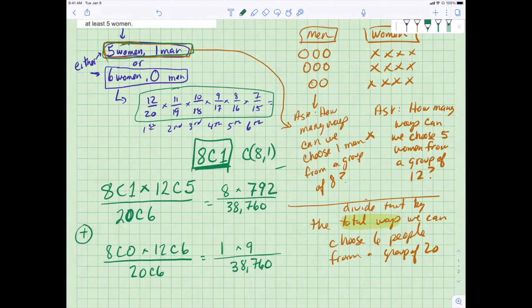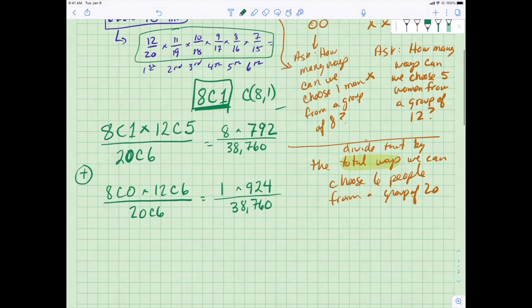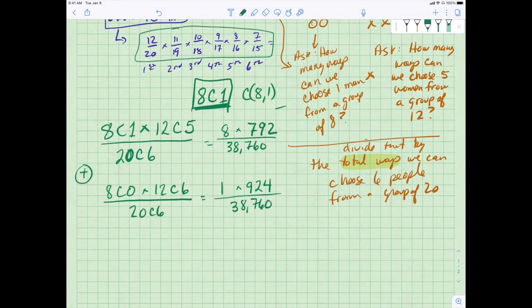That's 924. So if we take these two numbers and we add them together, then we should get our answer. So I'm going to do that real quick, and then I'll tell you what I got. 8 times 792, divided by 38,760, and I get 0.1873065.